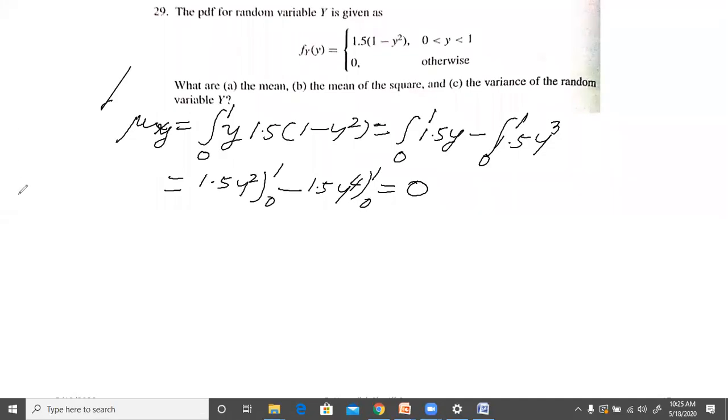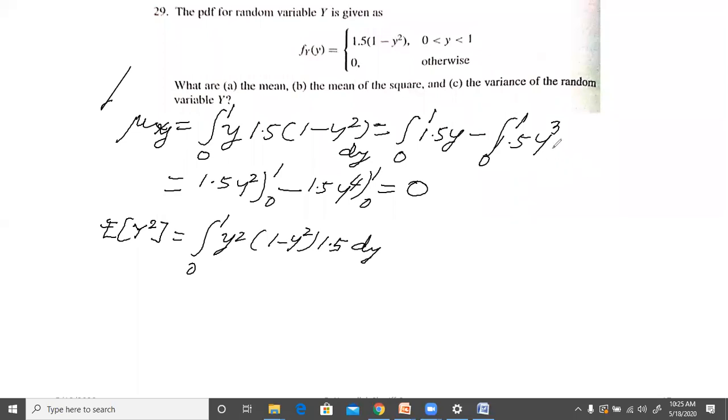Then you can find the expectation of x square, or y square, because the variable is y here. So you'll get the integral from 0 to 1 of y square into (1 minus y square). Of course, I have missed the 1.5, so I'll write that 1.5. And of course there is a dy also there. Each time dy is necessary.